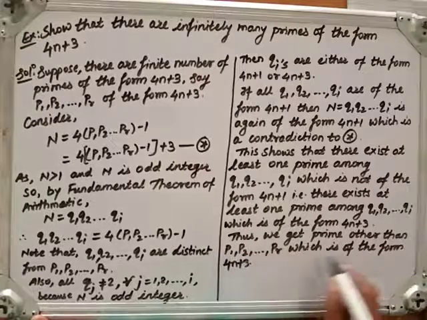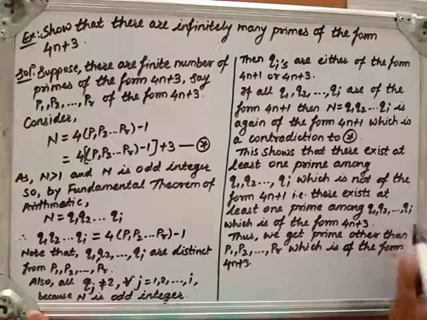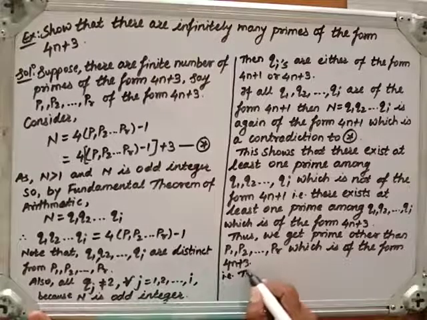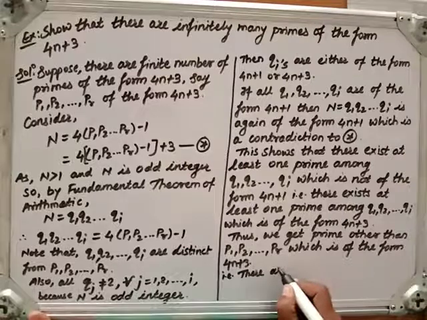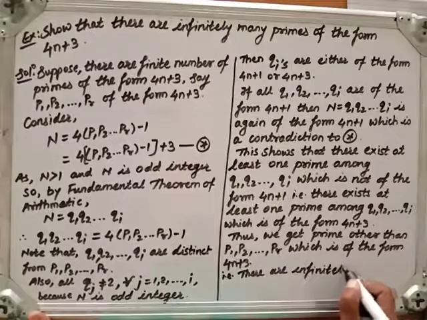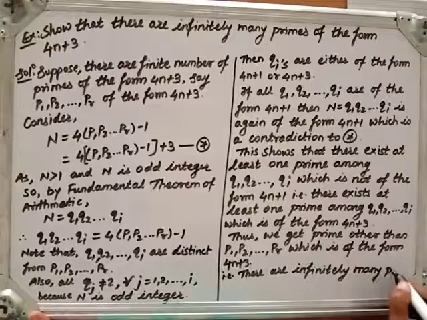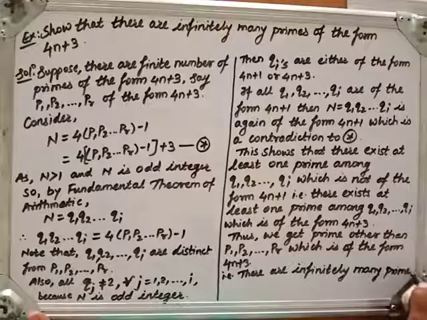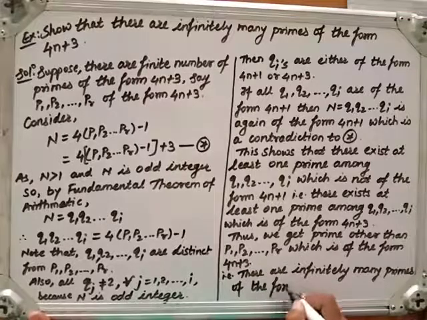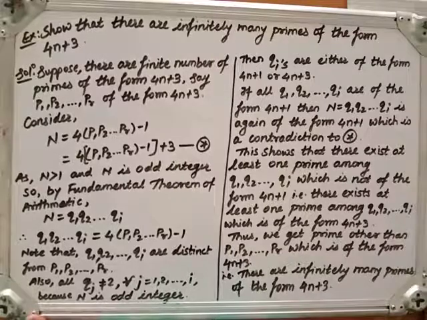We get another prime of the form 4n plus 3 also, at least one of these qi's. Fine. That is, there are infinitely many primes of the form 4n plus 3. This is about the examples.